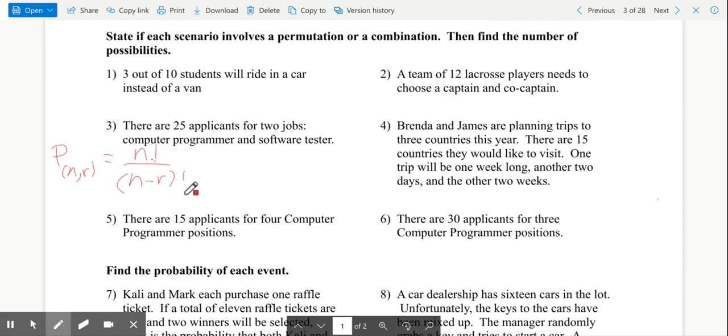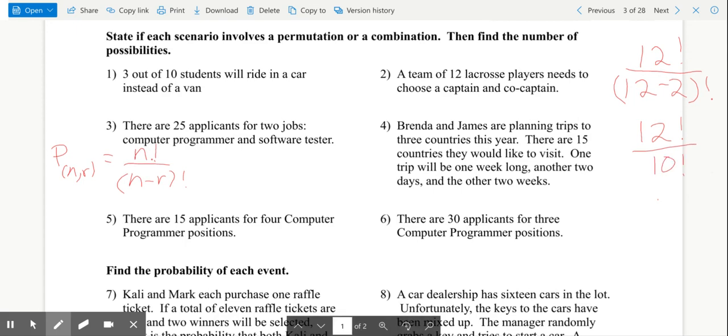So let's look at how we would use that in this situation. I have 12 players, so that's my n. So I have 12 factorial over 12 minus 2, because again, I'm picking 2 people, so r is 2. So I have 12 factorial over 10 factorial.